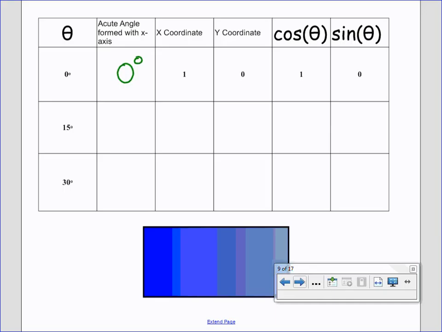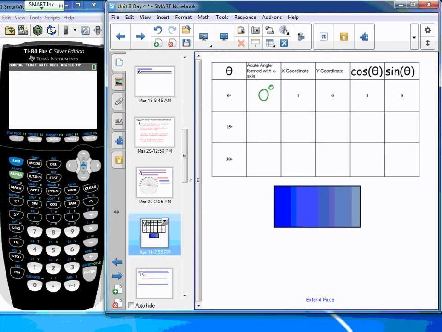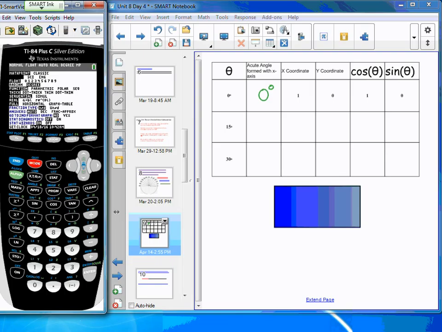Using the grid, we can see that this point has an x-coordinate of 1. Its y-coordinate of 0 remains unchanged. And if we were to enter the cosine of 0 in our calculator, after making sure we're in degree mode, to complete the first row of my chart, the cosine of 0 equals 1, and that's already filled in for you. The sine of 0 degrees equals 0, and that's already filled in for you.